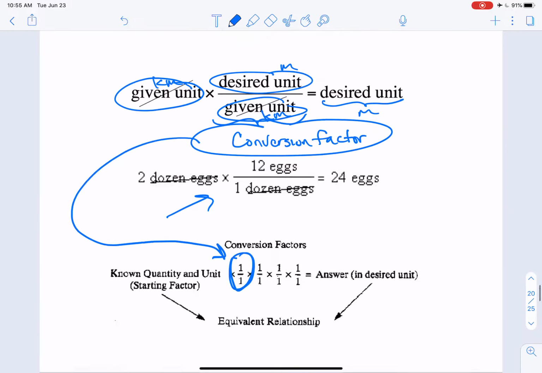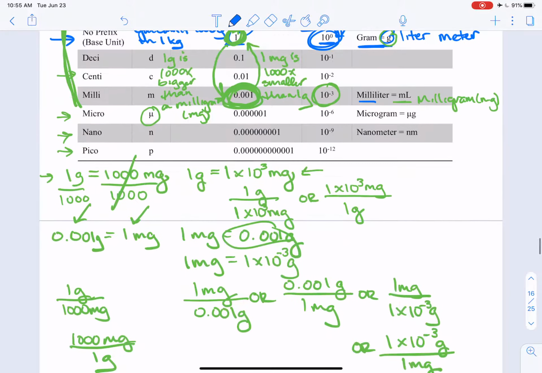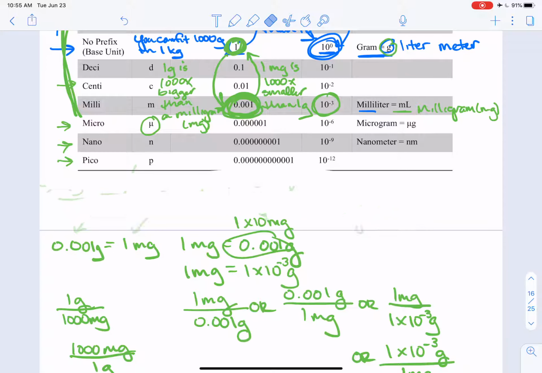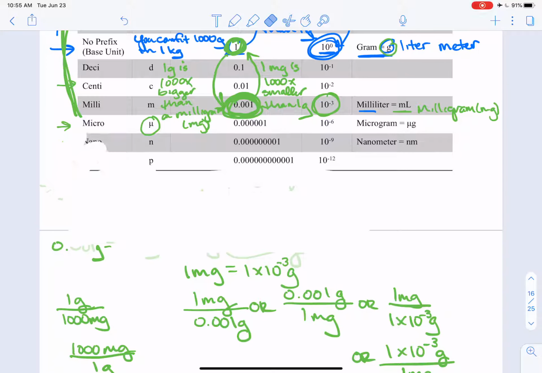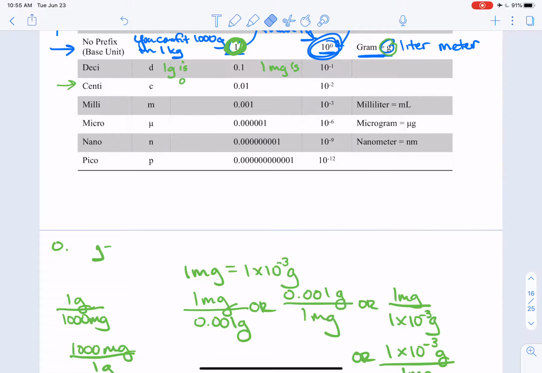So we go back to our chart back here. And what we'll notice is that we have this number right here.